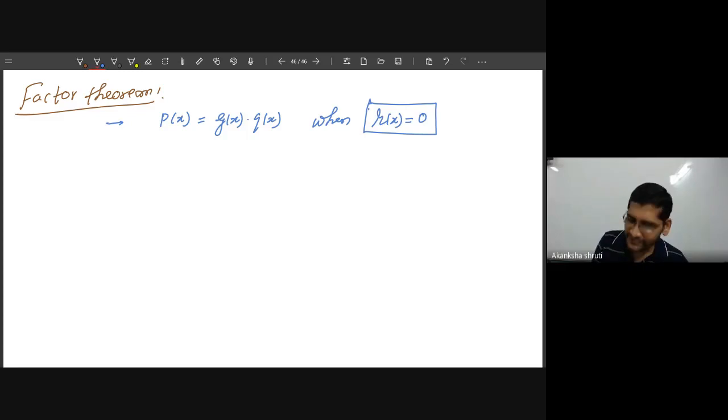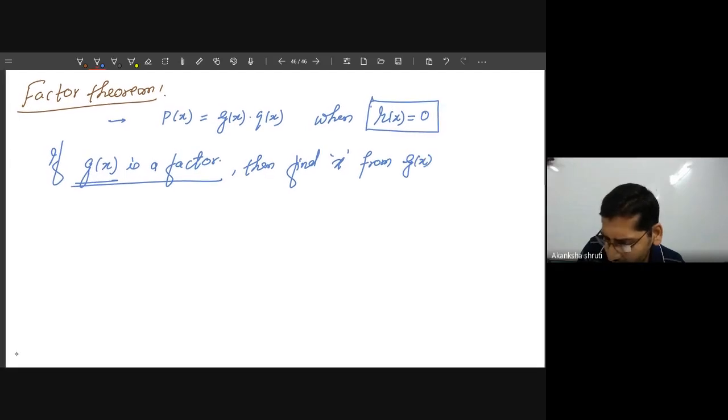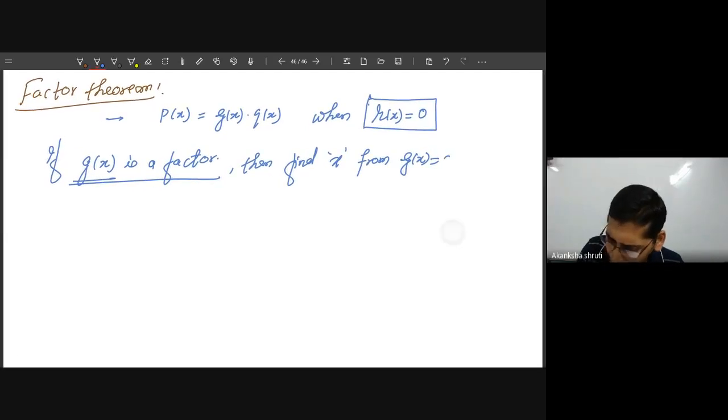Student, whatever we have learned here, say if g(x) is a factor, then you find the value of x by equating g(x) to 0.